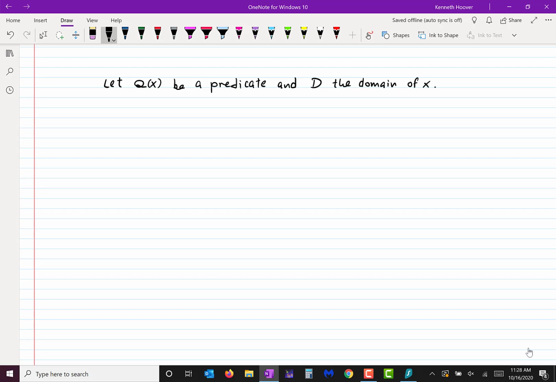An existential statement, which we've seen before in chapter 1, we write it like this: there exists an x in D such that Q of x.